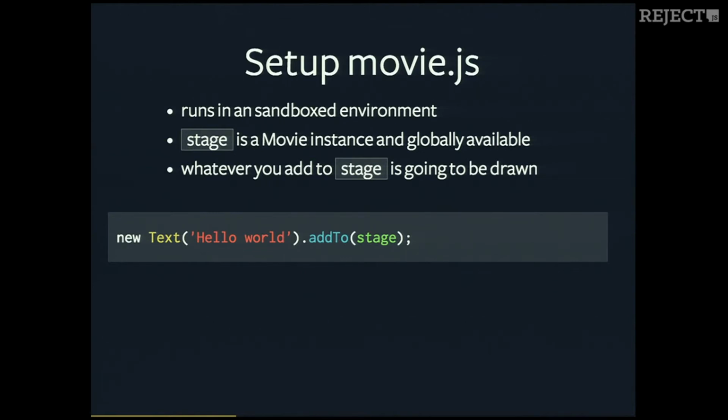And your movie runs in a sandbox. So what does that mean? That means that you have actually no access to the rest of your website. You don't have access to the DOM. But it allows us to take your movie and run it nearly wherever we want. So, for example, in an iframe, of course, but also in a WebWorker, for example.